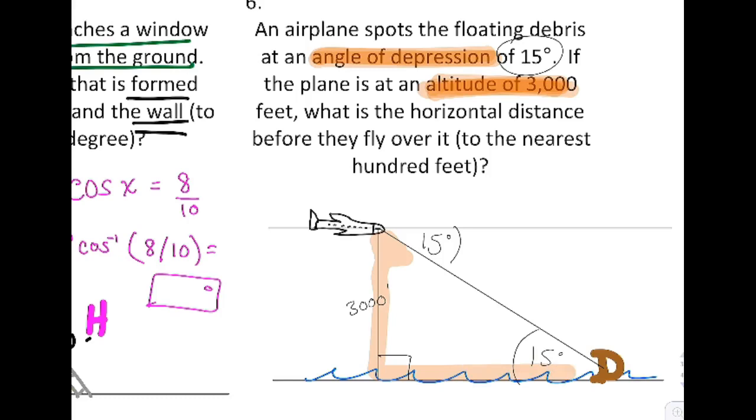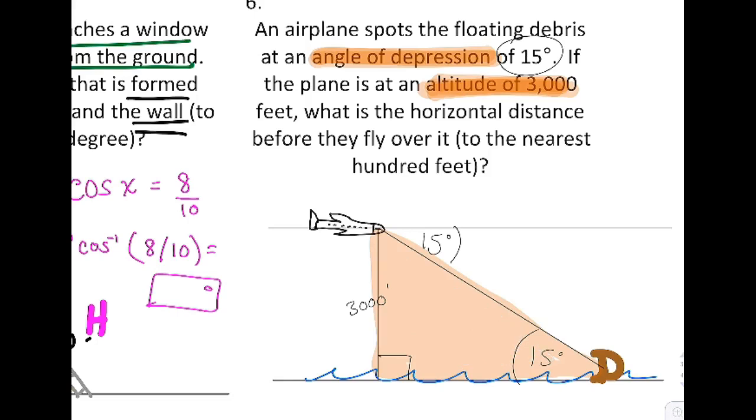So we have the triangle starting to form here, right? You don't even really need that 15 anymore up here because we have one inside the triangle at the bottom.